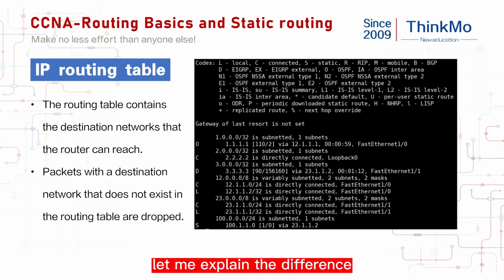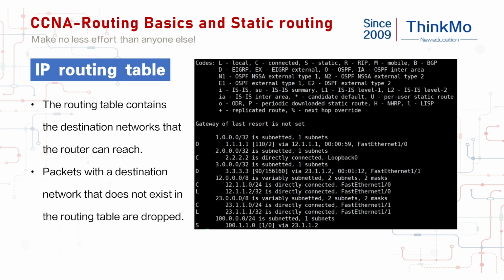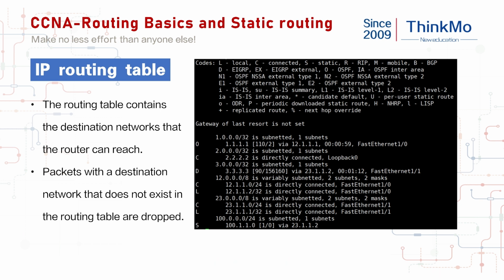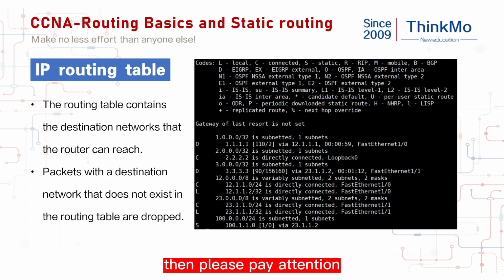Let me explain the difference. For example, this is a routing table on a router. A data packet is sent to this device, going to 12.1.1.3. Then please pay attention, it can match this route. Then send it out through the 1.0 interface of the current device. But 1.1.1.1 represents an exact IP address. If a piece of data is to be sent to 1.1.1.1, it can be forwarded.